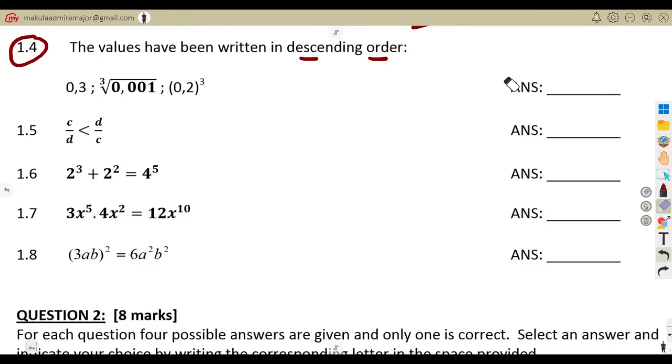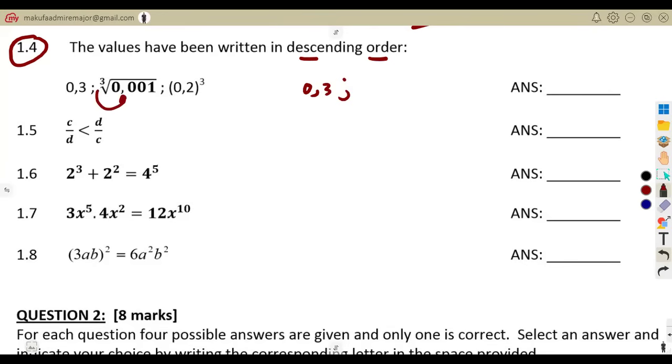If we compare what we are given here, we have 0.3, followed by the cube root of 0.001.